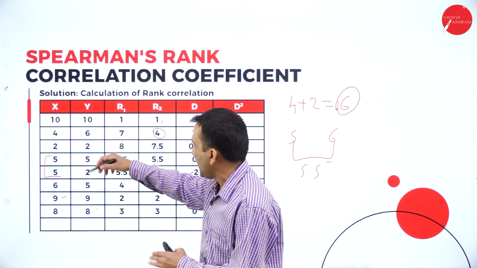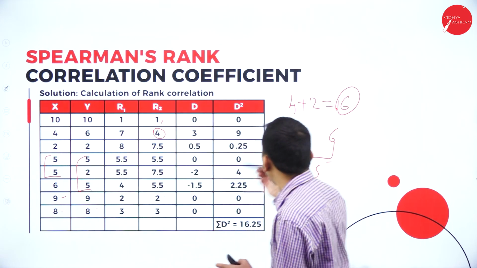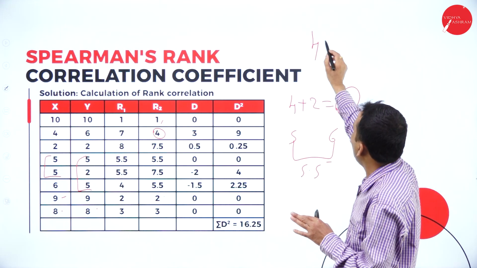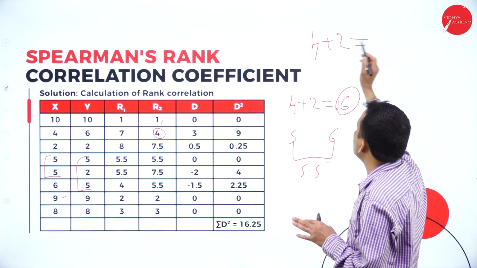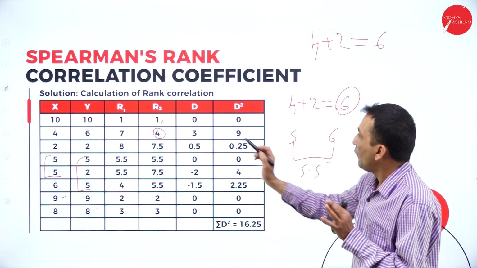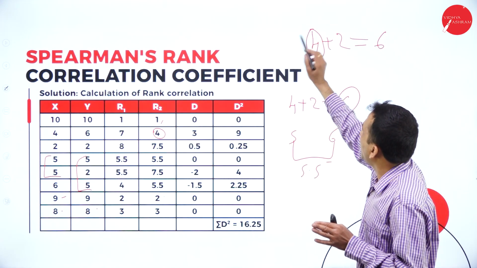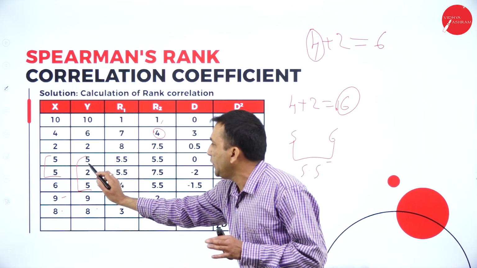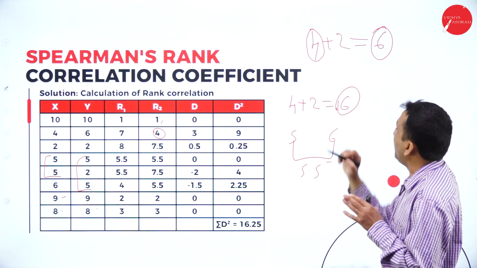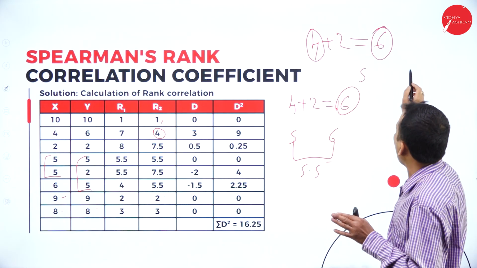After 6, next 5 comes 2 times, right? Since the 4th rank is already completed, for 5 occurring 2 times we need to assign 2 more ranks. The ending rank is 6. So equally, I just want to assign 5 and 6.